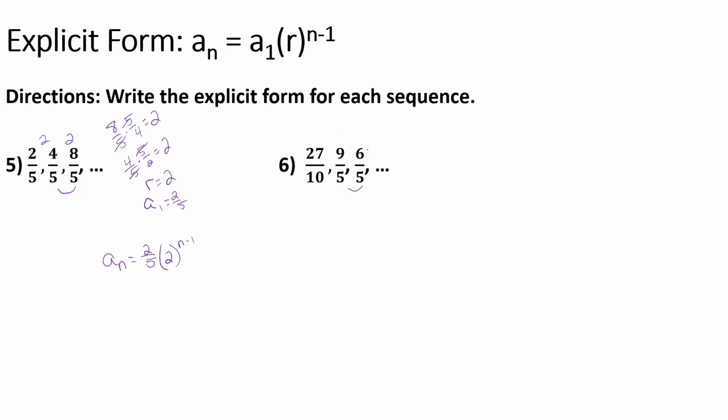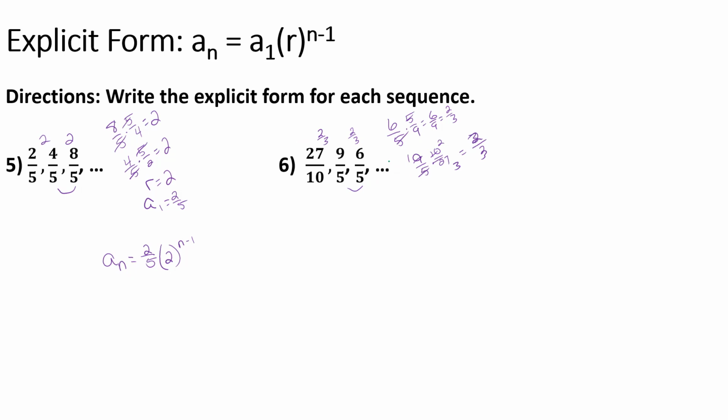So again, let's look for a common ratio. 6/5 times the reciprocal equals 6/9, which is 2/3. All right, 9/5 times the reciprocal, which is going to equal 2/3.